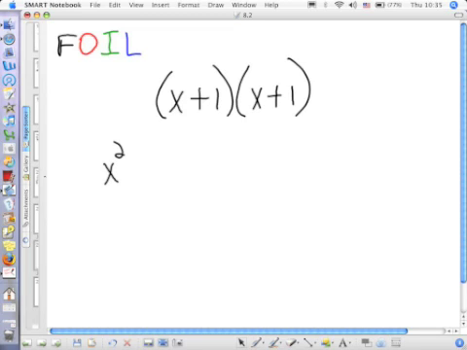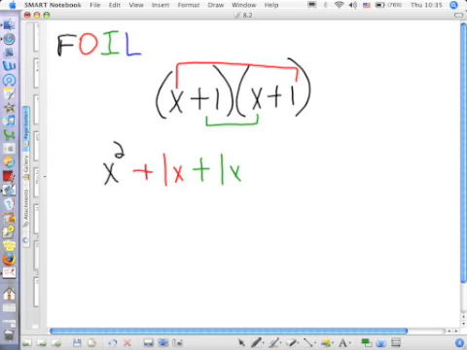O is outer times outer, which is 1 times x. Inner are these, which gives me another 1x.